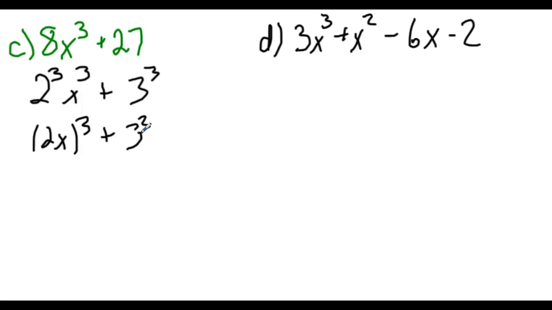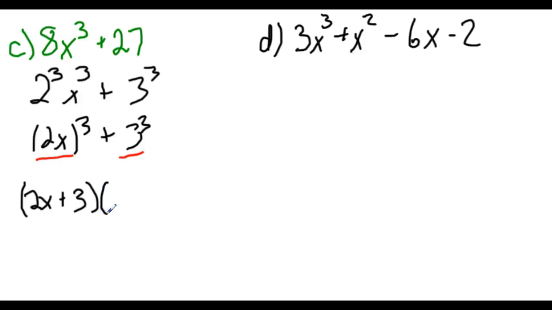So we have basically our a value of 2x and our b value of 3. So in our first factor, we're simply adding those two terms. So we have 2x plus 3.